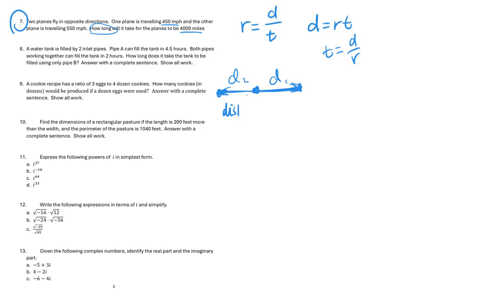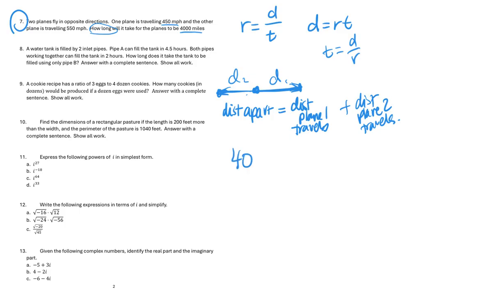So the distance apart is equal to the distance that plane 1 travels plus the distance that plane 2 travels. And this is only true because they're traveling in exactly the opposite directions. So the distance apart I know to be 4,000.